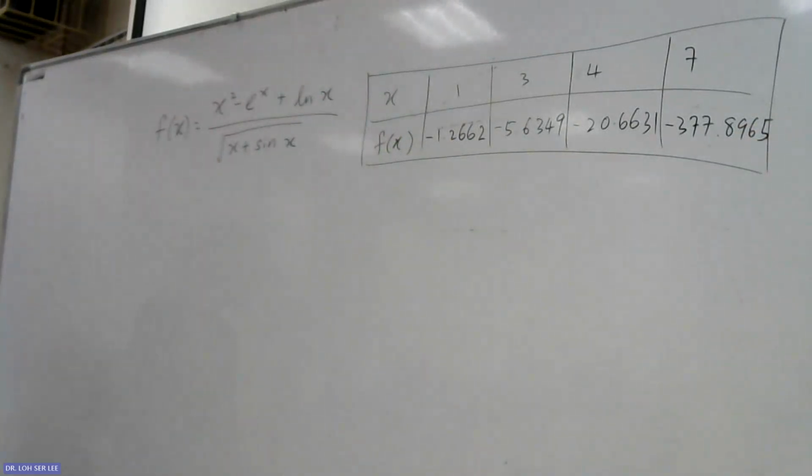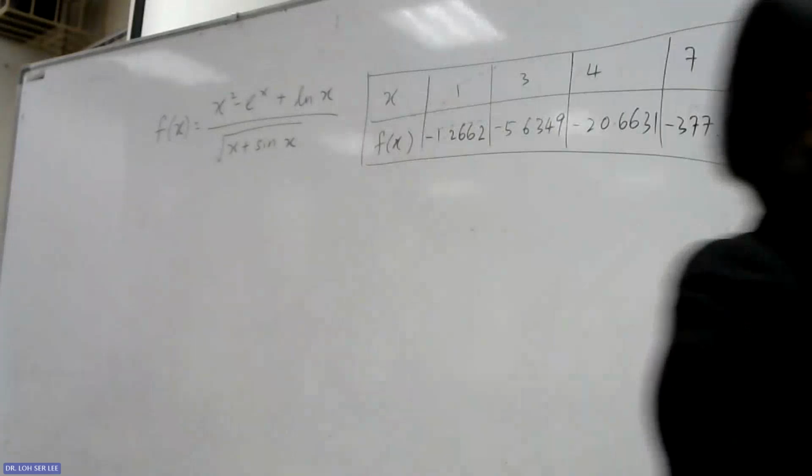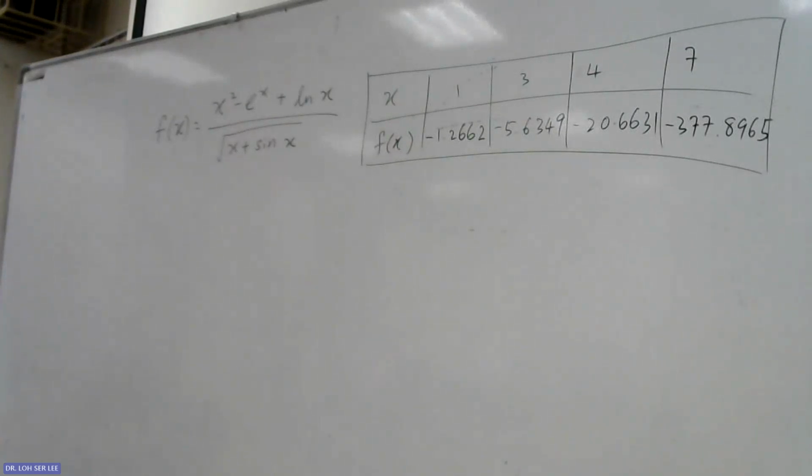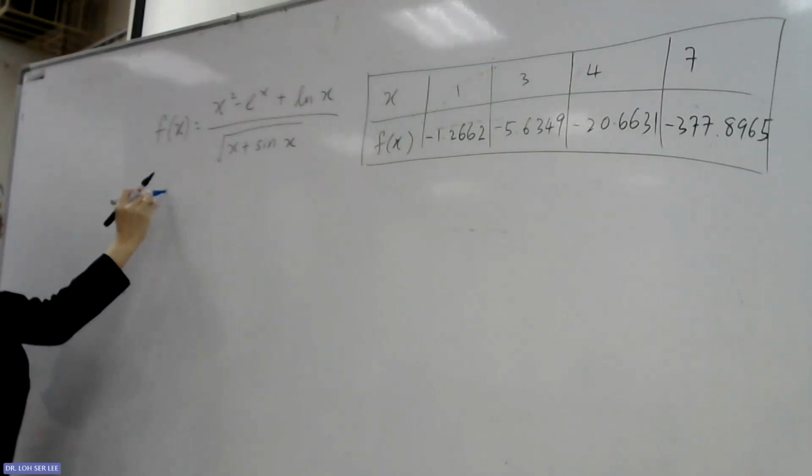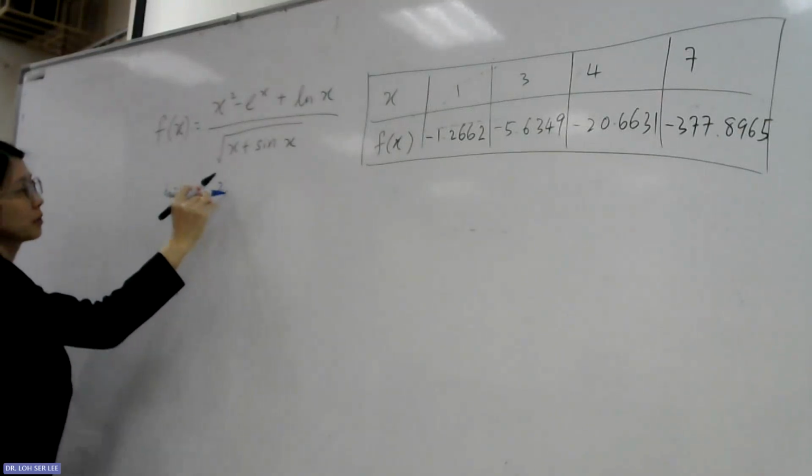Okay, so this one wants you to use cubic, order of 3. We use 4 points. That means i is 0, 1, 2, 3.